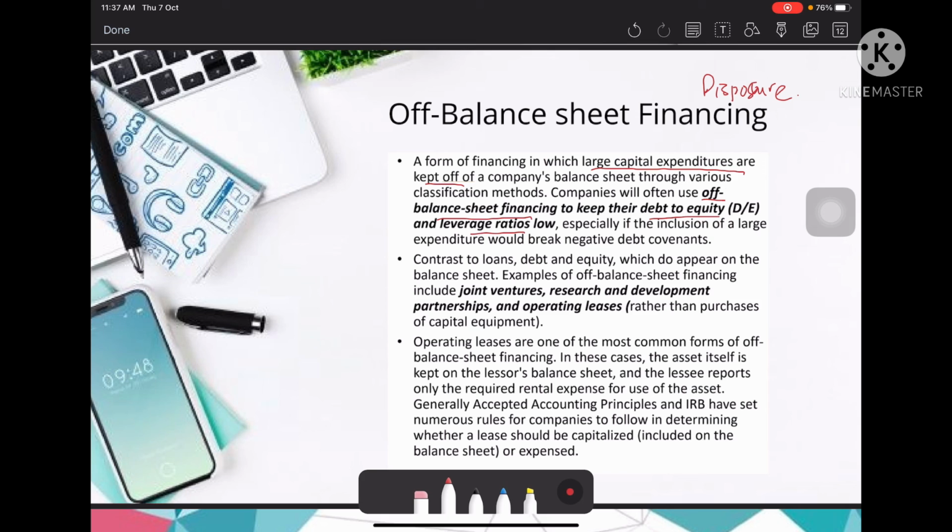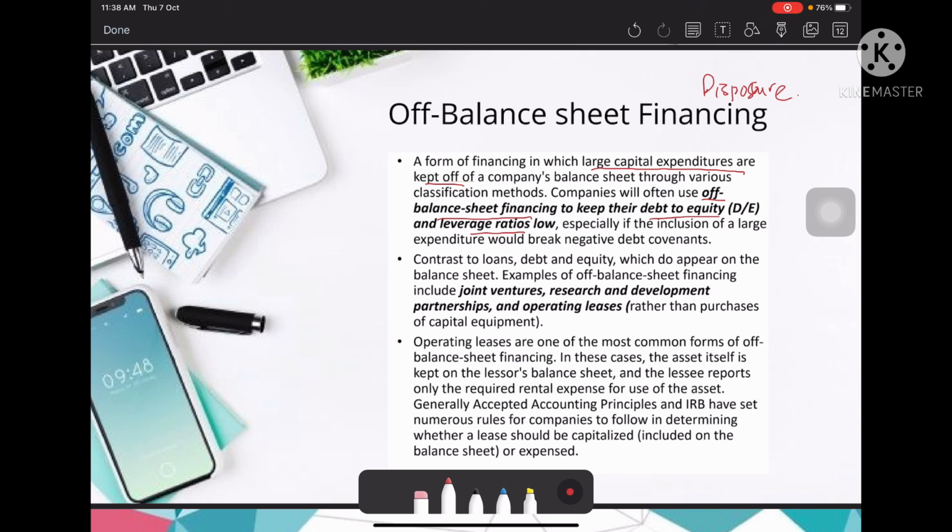Okay, especially if the inclusion of a large expenditure would break a negative debt covenant. So the debt covenant ni is a clause in the loan agreement in which the borrower guarantees to comply, ataupun represented in terms of the financial ratio that the company must maintain, like the company must maintain a low debt to equity ratio.